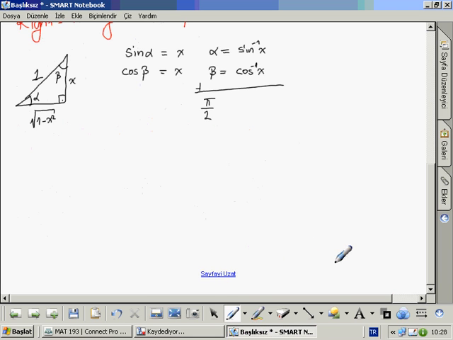And again, another right triangle. Okay, this is now alpha, this is beta, and that's x, and that's 1, and the hypotenuse will be square root of 1 plus x squared, okay.